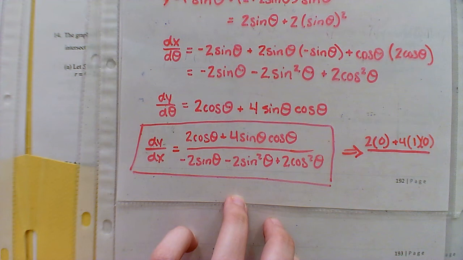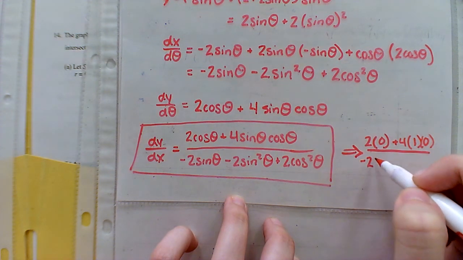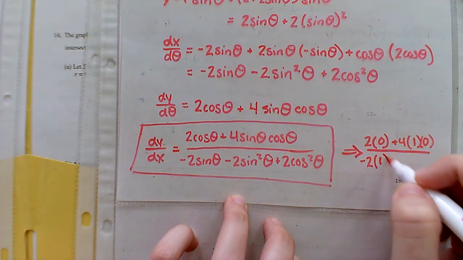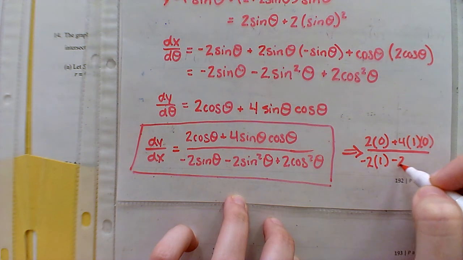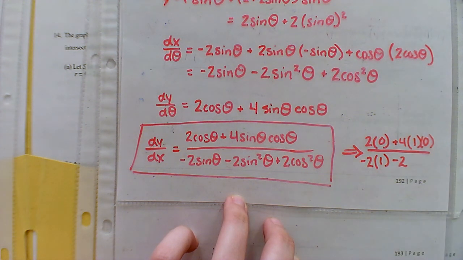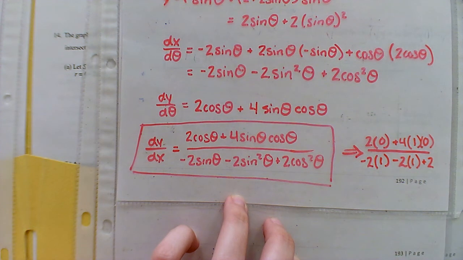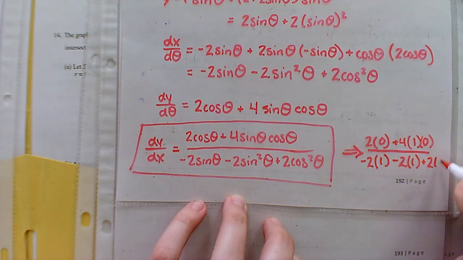All over negative 2 times sine of pi over 2, which is 1, minus 2 times sine of pi over 2 is 1, and then we'd have to square it, so that's still 1. And then plus 2 times cosine of pi over 2, which would be 0. Squared, 0 is still 0.